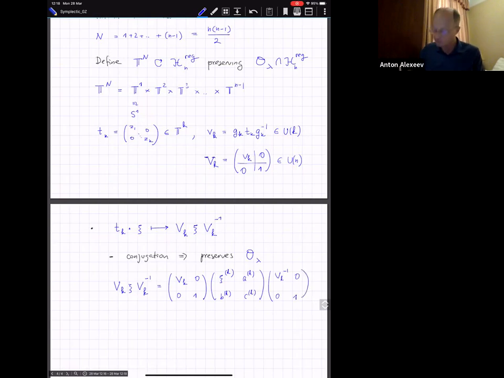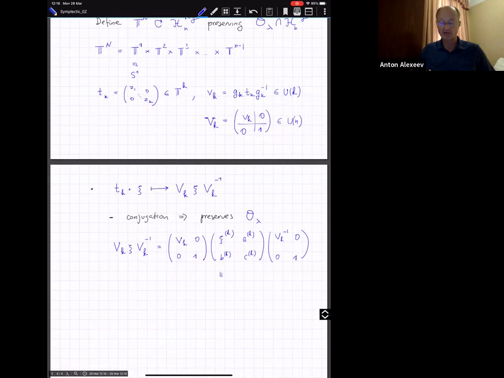So that's how it looks. And if you just do the matrix multiplication, what will happen? You'll see that here you're going to have Ak Vk minus 1, Vk Bk, and here Ck doesn't change. Okay, so some complicated action.